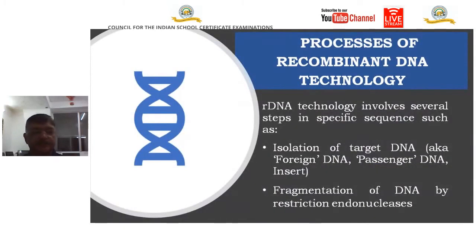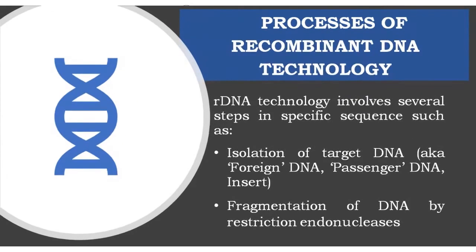Now, for doing this, we have to follow certain processes, a certain protocol. This protocol is fixed for whatever product we are going to produce, whether you want an enzyme or a hormone, or simply you just want a copy of the DNA. So we have to follow certain specified processes, and we have summarized these processes here.